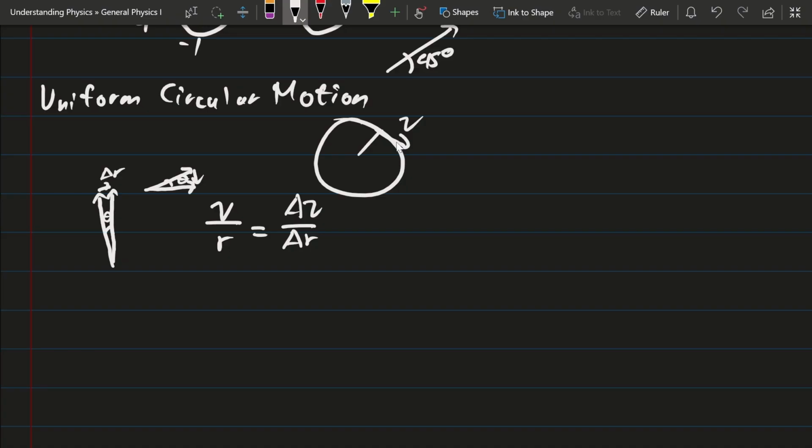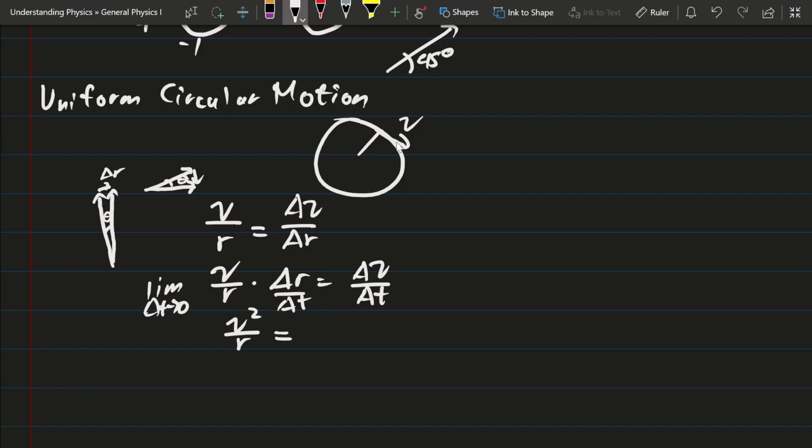So we have figured this out. So we could do something very interesting, which is if we write v over r, multiply that by the change in r to be delta v, but then we divide it by the change of time, we get something very interesting. If you take this limit of delta t going to 0, we would be able to obtain v squared over r, which is equal to the acceleration.